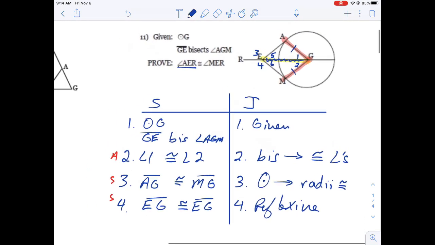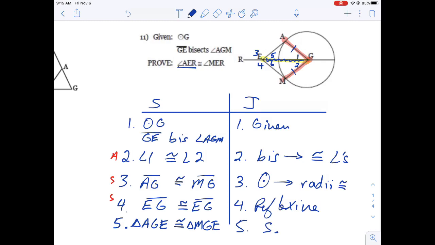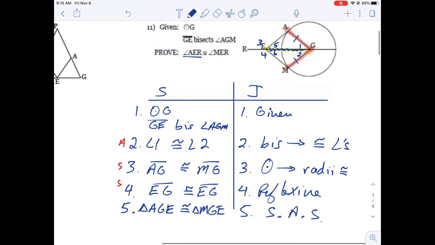All right, so let me show enough that you can see where I'm going. So this 5th step, I'm now ready to say that triangle AGE is congruent to triangle MGE. Notice the corresponding parts there. And then the reason for that is because of side, angle, side. Awesome, we have congruent triangles. And now any corresponding parts that we want to call congruent, we can call congruent.